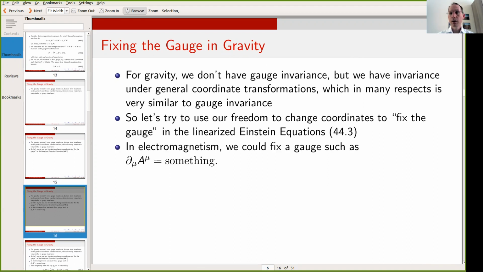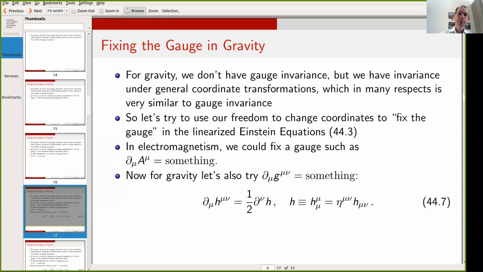In electromagnetism, one particular gauge choice that we could use was for the divergence of the vector field to be equal to something. And again, we use it as a motivation for trying to fix the gauge in gravity. So for gravity, we'll try something similar. We'll try the divergence of the metric field being equal to something.